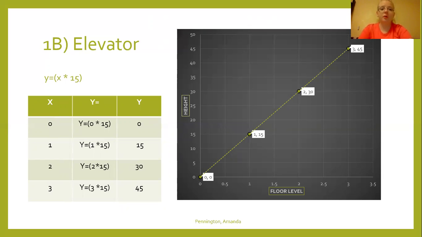Our equation is going to be y equals 15x. So 0 times 15 is going to be 0, and that's where we're starting at the ground level. The first floor is going to be 15. So 1 times 15 equals 15, 2 times 15 equals 30, and 3 times 15 is 45.